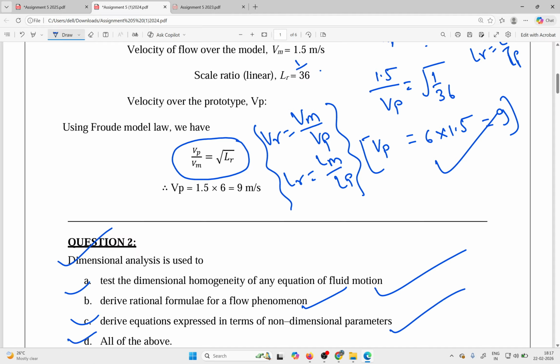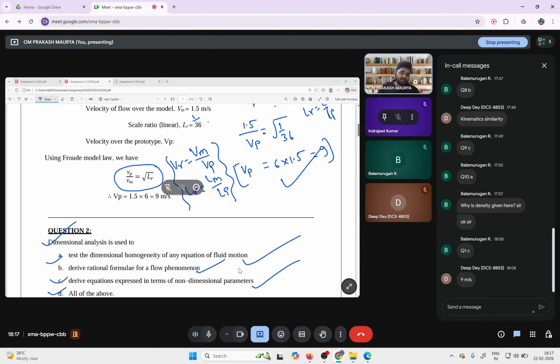Option D, all of the above. For question number two, you need to write your answer in the chat box. Very important.